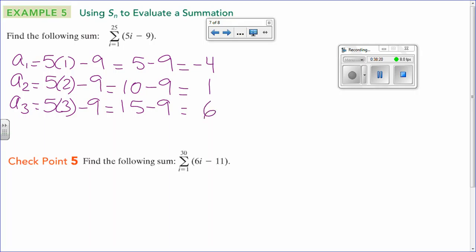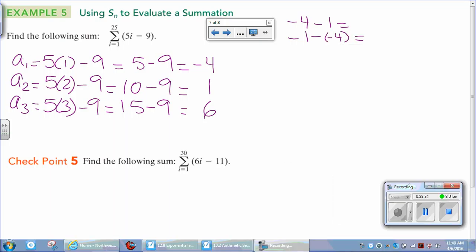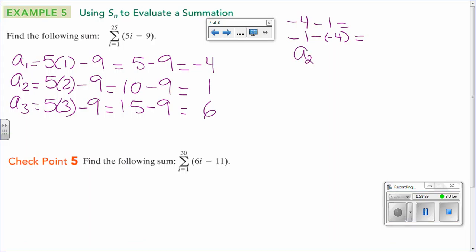From negative 4 to 1, we should do 1 minus negative 4. To find the common difference, you take the second term and subtract the first term. So this will be 1 plus 4, so it's 5.